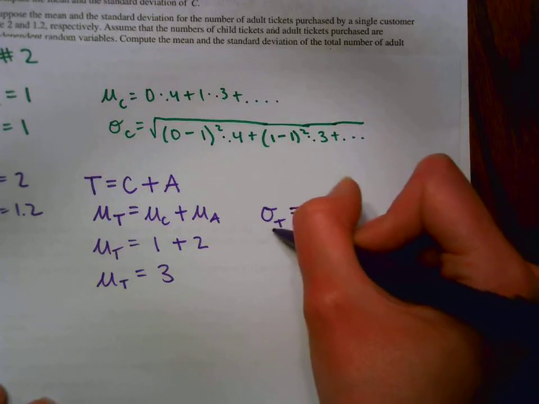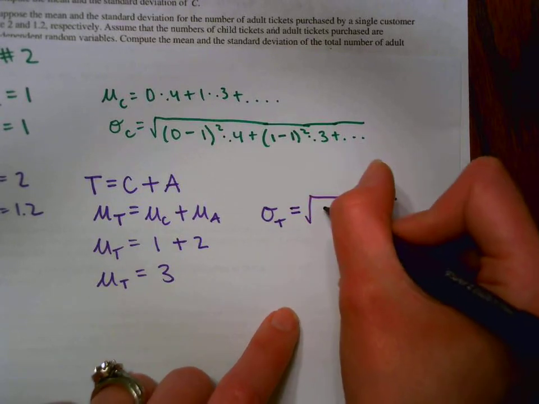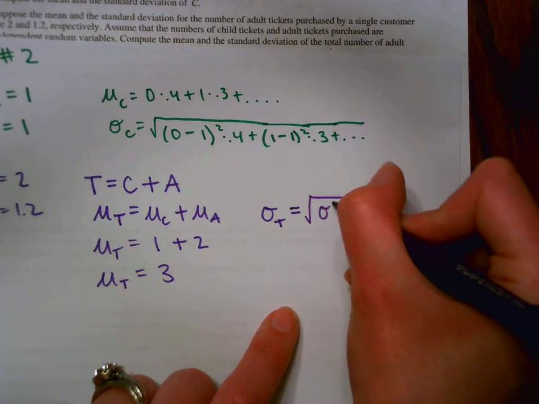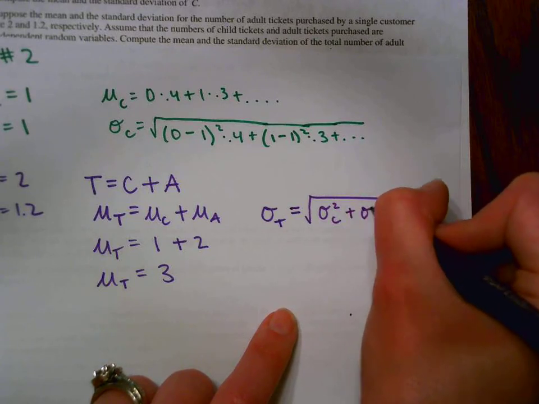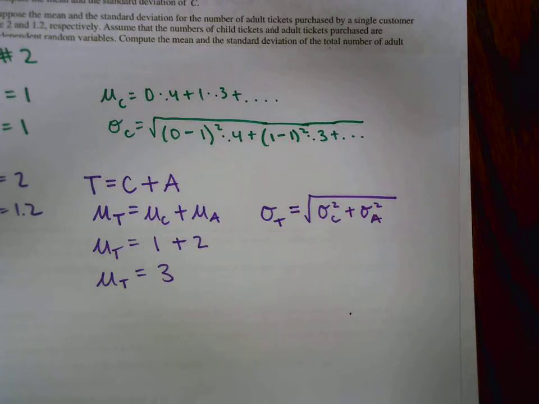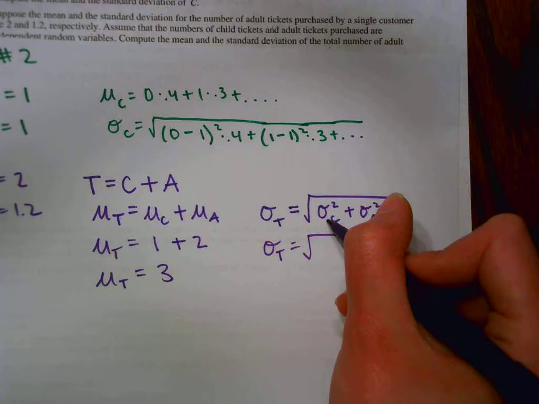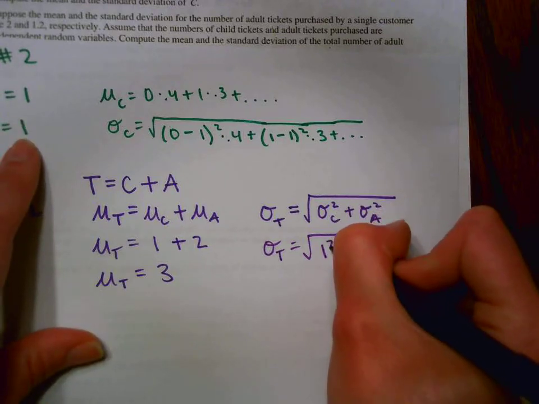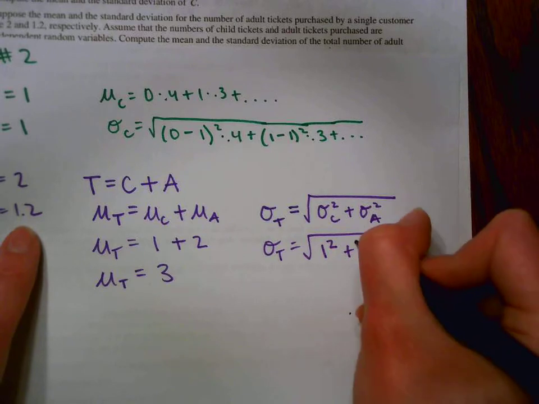But I'm going to go ahead and say the standard deviation equals the square root of the variance for C plus the variance for A. So you just plug this in. The standard deviation for C was 1, and you square that, plus the standard deviation for A was 1.2, and you square that.